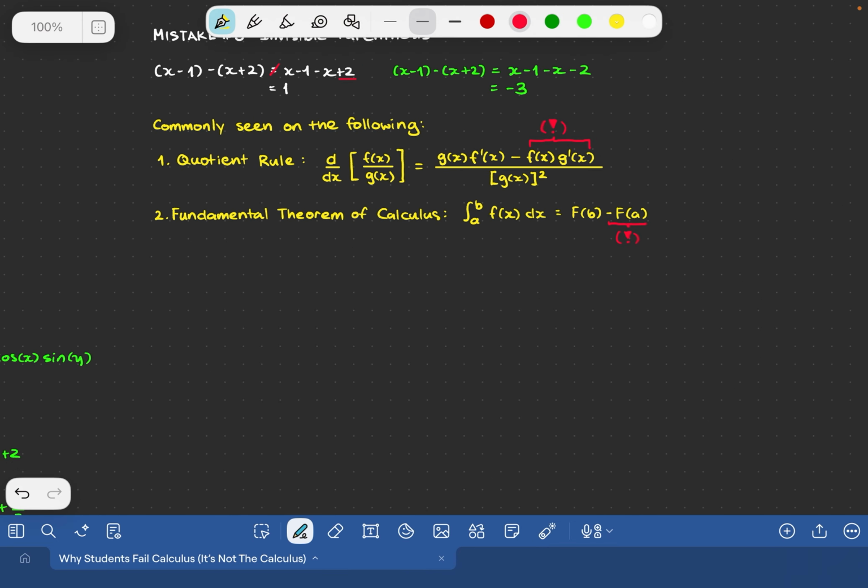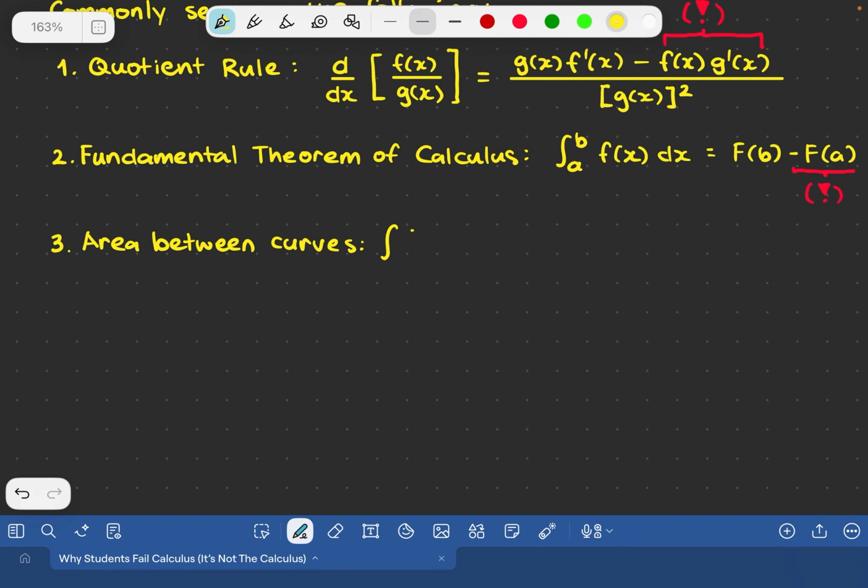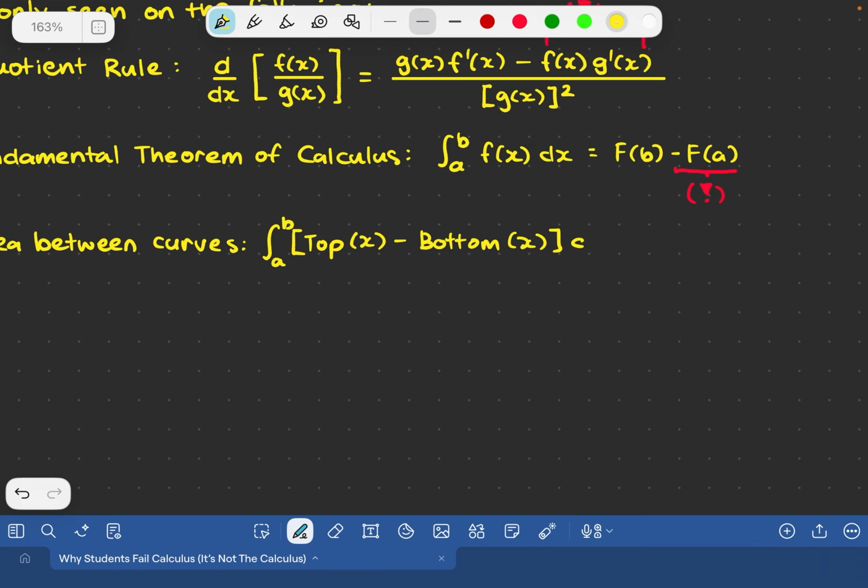And then the last place where it arises is the area between two curves. If you would recall, the formula for this one, for at least the vertical rectangle scenario, is that we'll have top of x minus bottom of x, from a to b, dx.